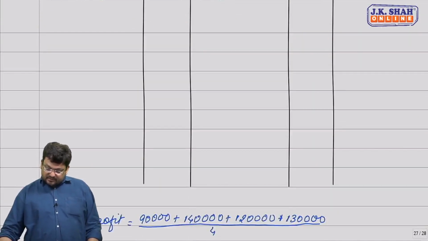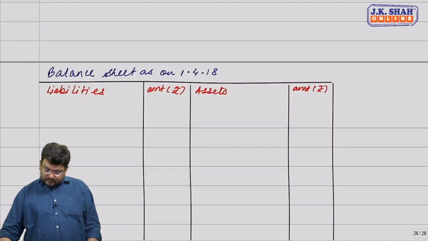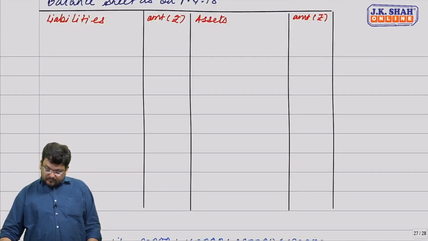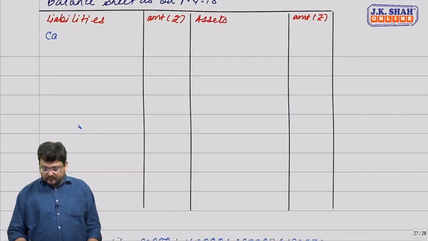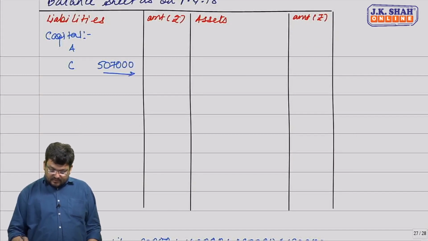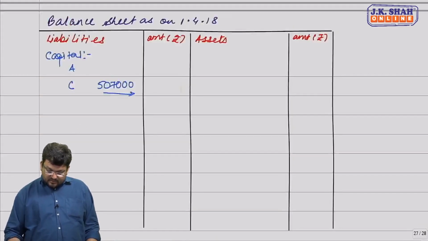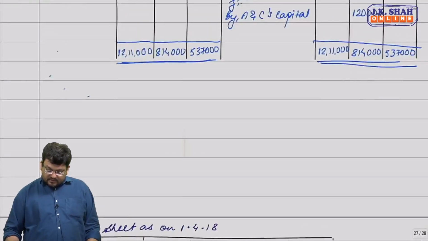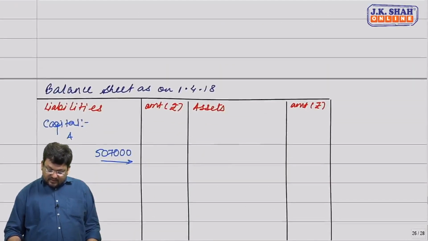So in balance sheet, capital of A and C. C's capital is 5,07,000 and how much is A's capital? 11,21,000.